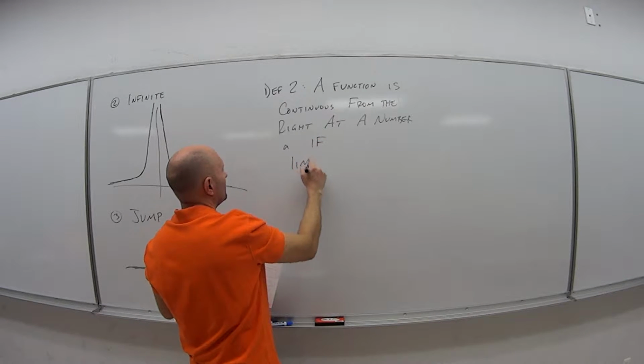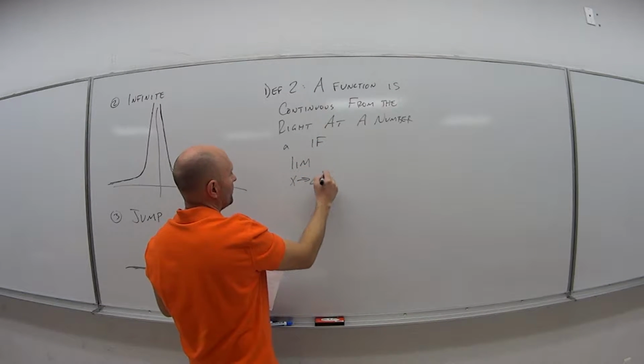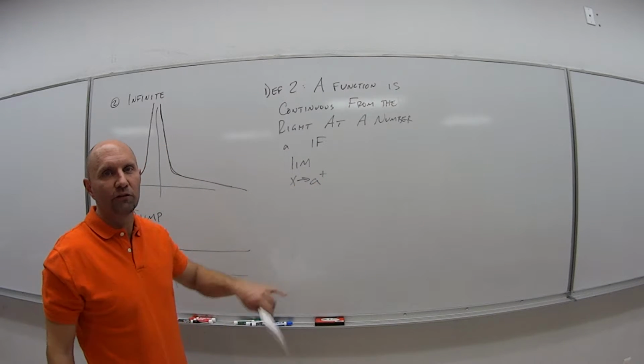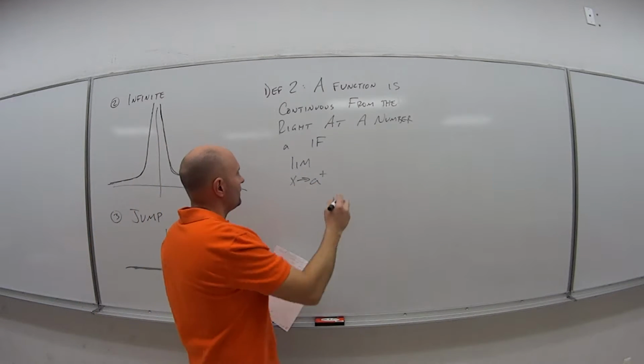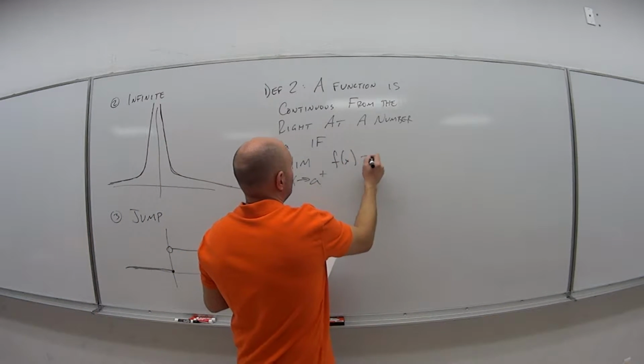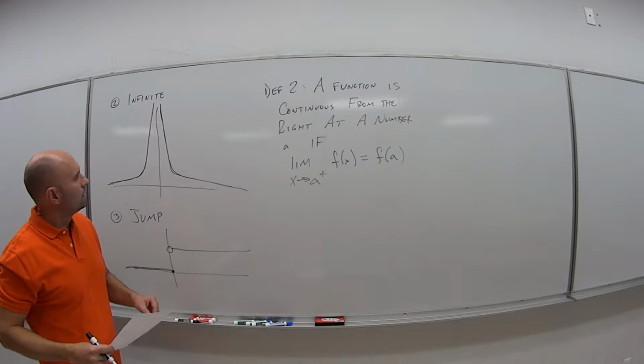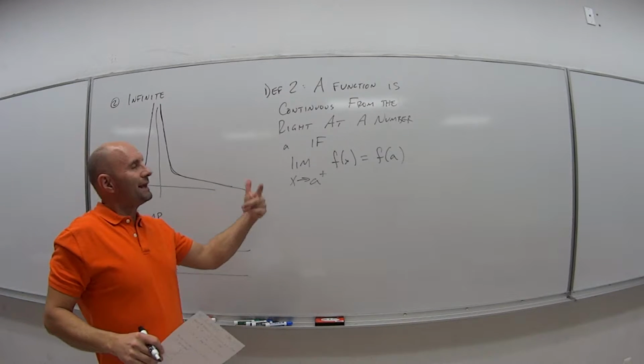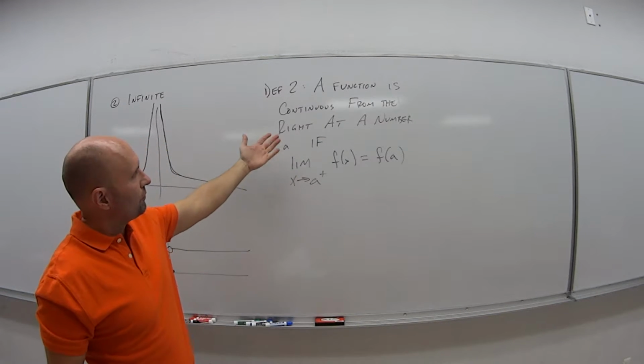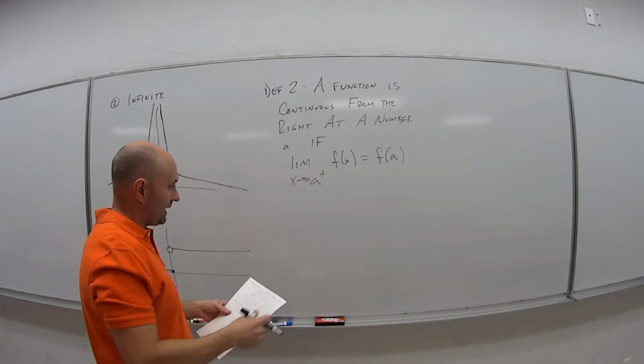The limit as x approaches a from the right, so we put that little plus sign in the upper right there, of f of x is equal to f of a. So this is just breaking down definition 1 into the from the right or from the left.